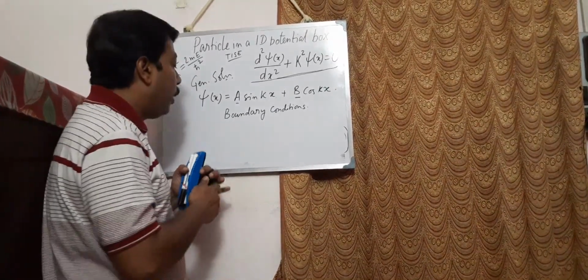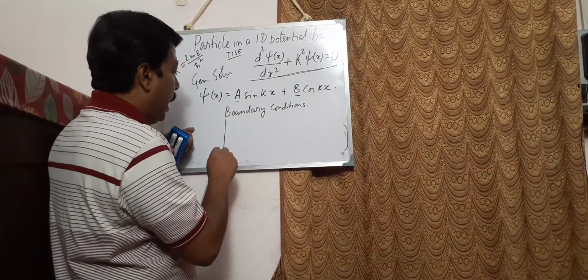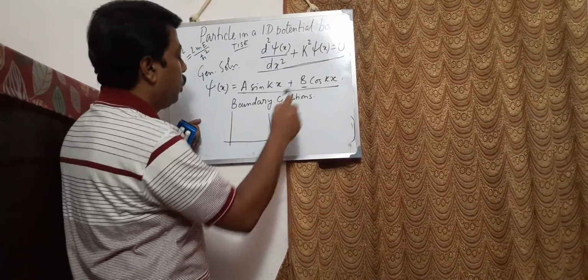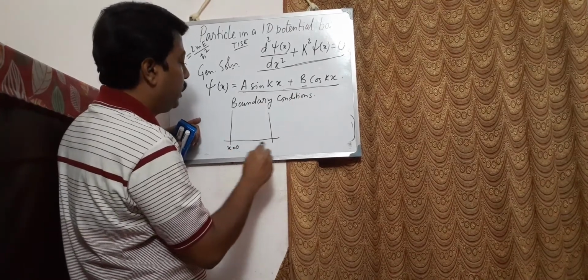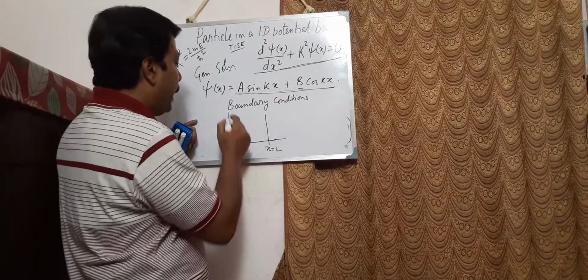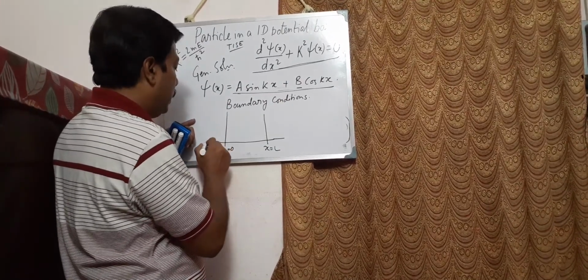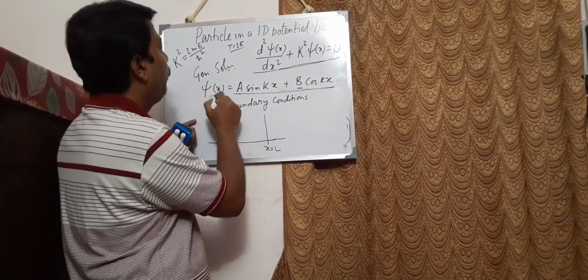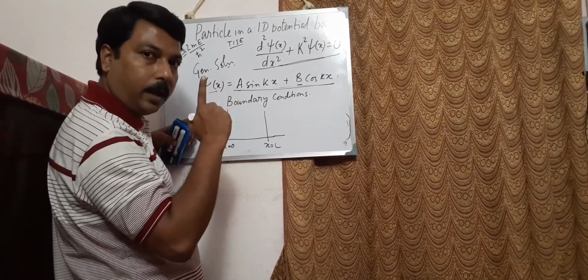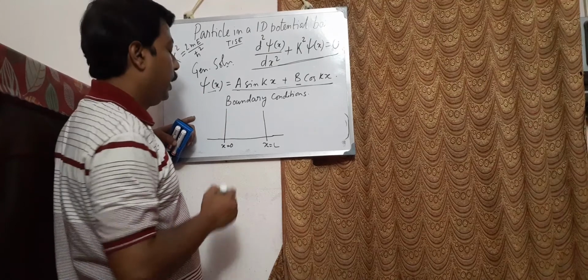So in our case, we have found this solution which exists between x equal to 0 and x equal to L. But at these boundaries, 0 and L, the wave function has to be continuous, because that is one of the important mathematical criteria of a wave function.